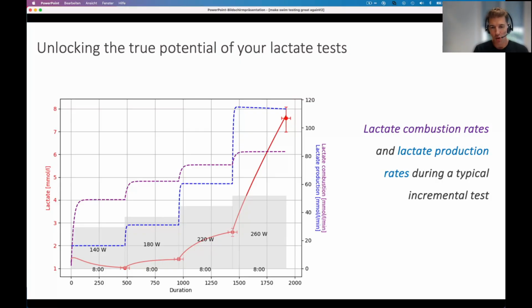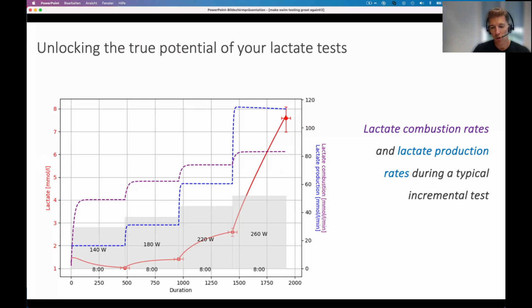What can be used is that if you increase the load, like this example from a cycling test, in swimming it would be speed, then the kinetics of oxygen uptake are different, almost linear, as you will know from measurement, than the one from lactate production, which is blue here. Lactate production is the blue one, and lactate combustion is based on oxygen uptake. You can see the purple curve looks much like oxygen uptake and has a different behavior.